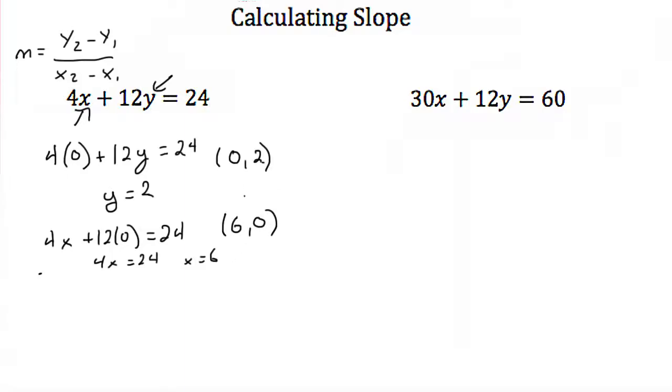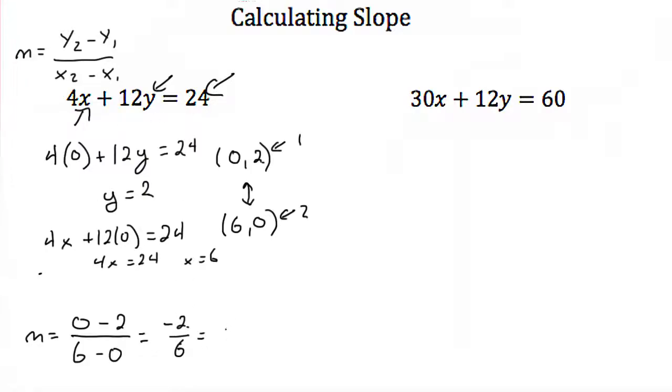Now we'll plug these points into our slope formula. So m is equal to, and I'm going to call this one number 2 and this one number 1, 0 minus 2 over 6 minus 0. So we're going to end up with a negative 2 over 6. So the slope of the function represented by this equation is negative 1/3.